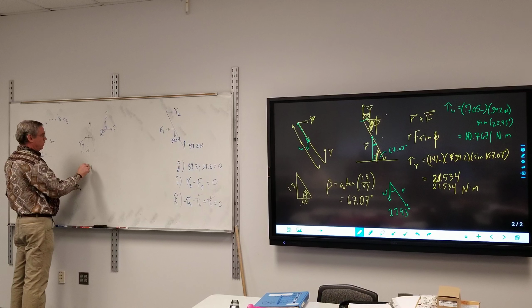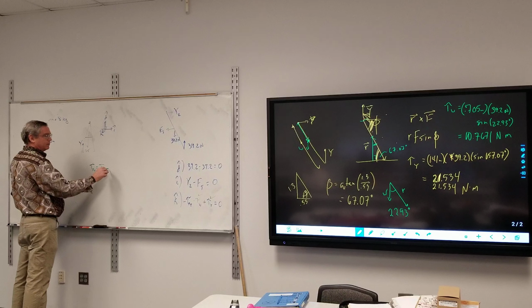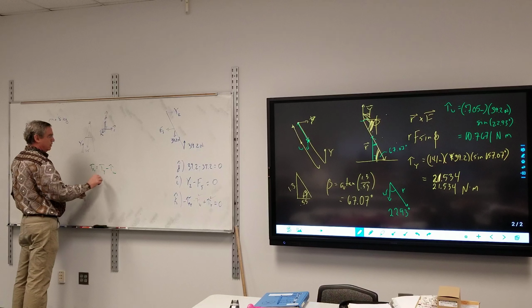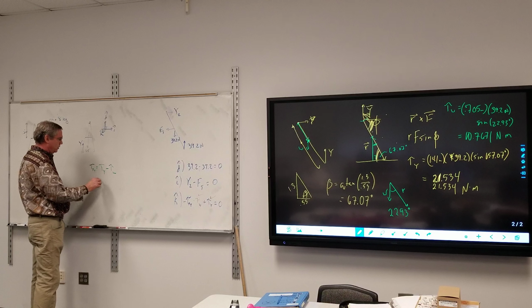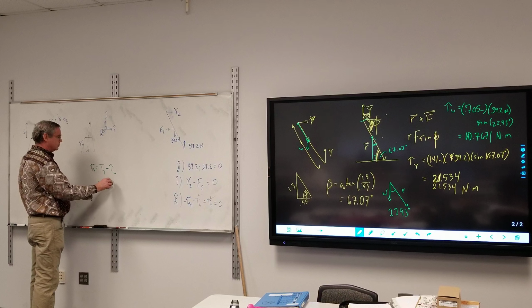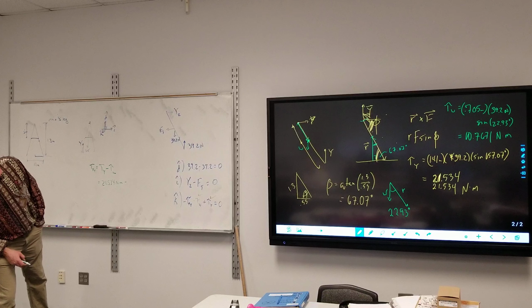All right, so the torque from the tension, bringing that over, would be the torque from the normal force on the ground, minus the torque from the weight. And the torque from the normal force on the ground was the 21.534 newton meters, minus the torque from the weight, which was 10.7671.